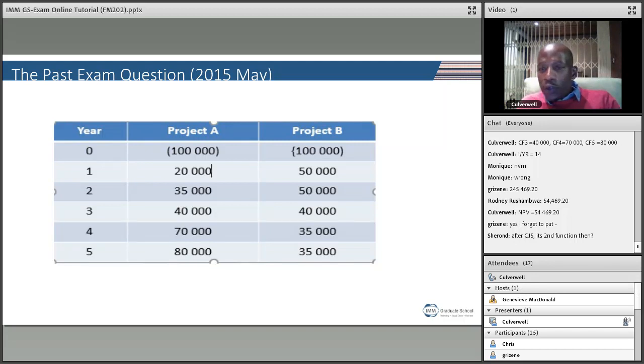So just for you to save time in the exam, after you have done your NPV calculation, don't remove your solution from the screen. Just move to calculate the internal rate of return.